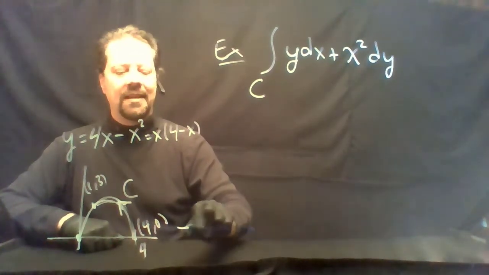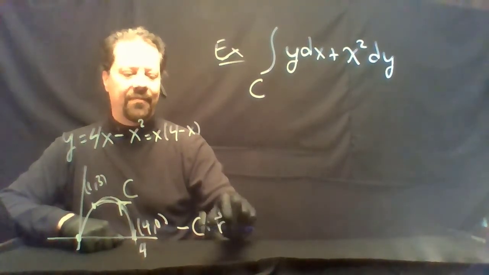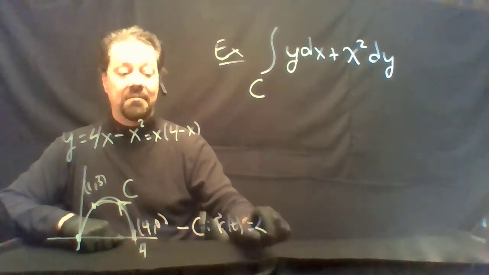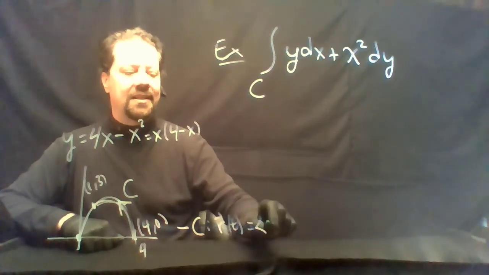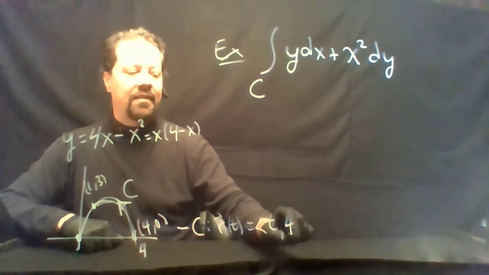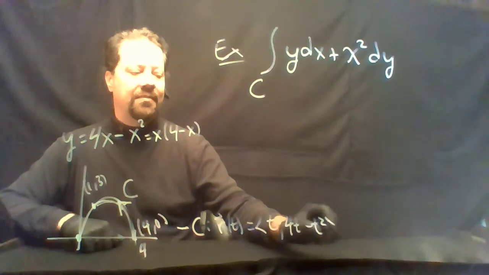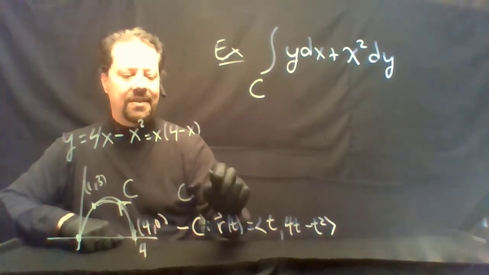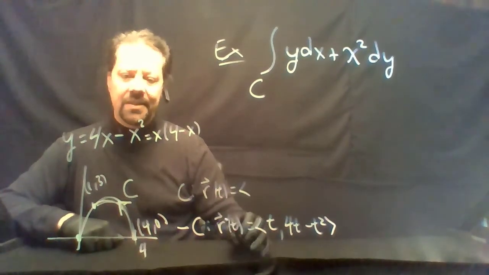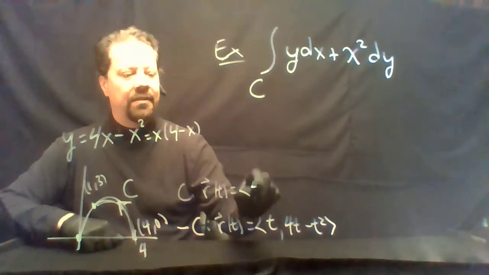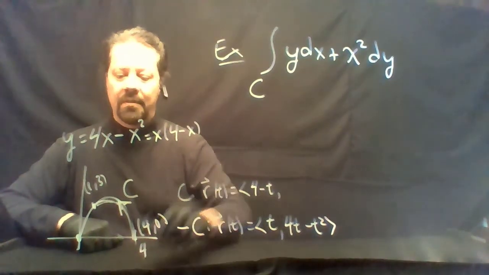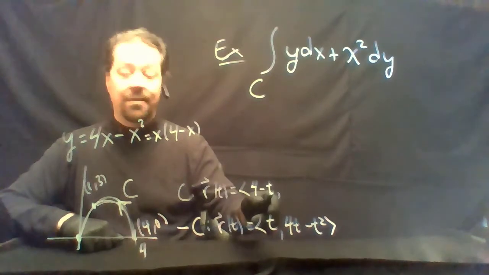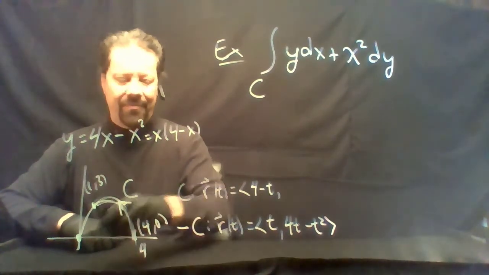We'll parameterize minus C, however, just because it's easier. Let's compare the two. Minus C is t, 4t minus t squared. If I wanted to parameterize C, I could do it this way. I could take 4 minus t, where t goes from 0 to 3.